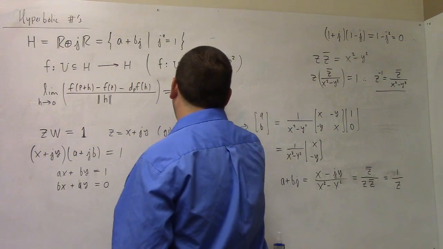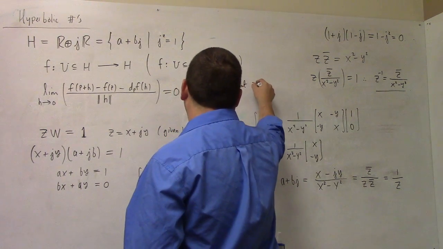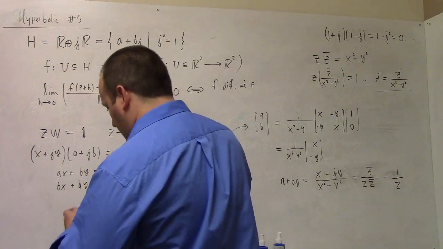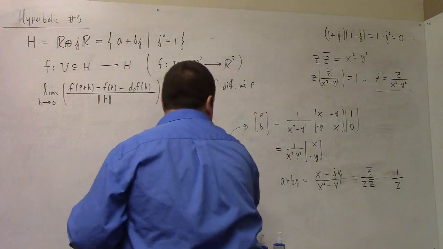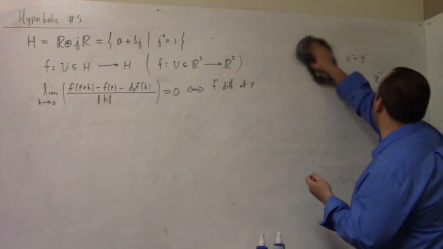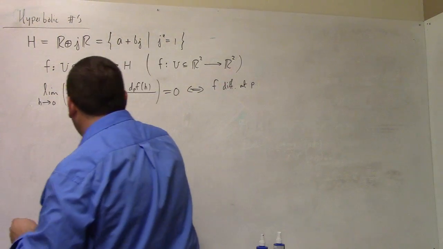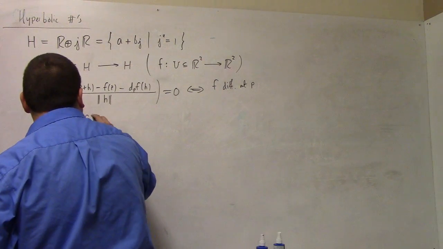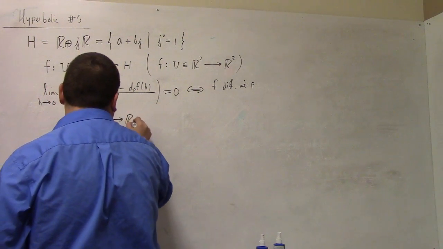So this is what it means for f to be differentiable at p. Here, d_p is called the differential. This is a linear transformation from R2 to R2.